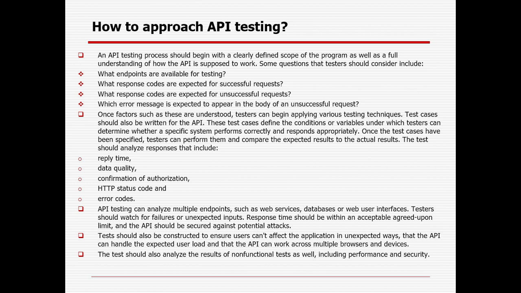Once the test cases have been specified, the tester can perform them and compare the expected result to the actual result. The tester should analyze responses that include reply time, quality of the data, confirmation of the authorization, HTTP status code and the error code.